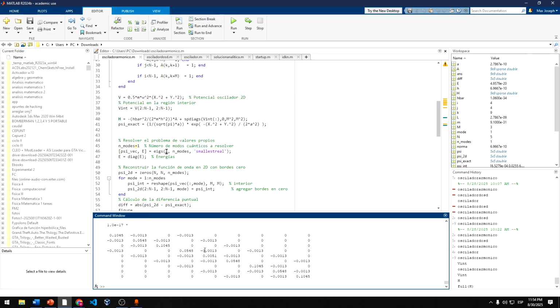MATLAB va a calcular el valor de los eigenvalores. El número de modos es solo para mencionar en qué nivel de energía se encuentra. Y va a tomar el más pequeño.